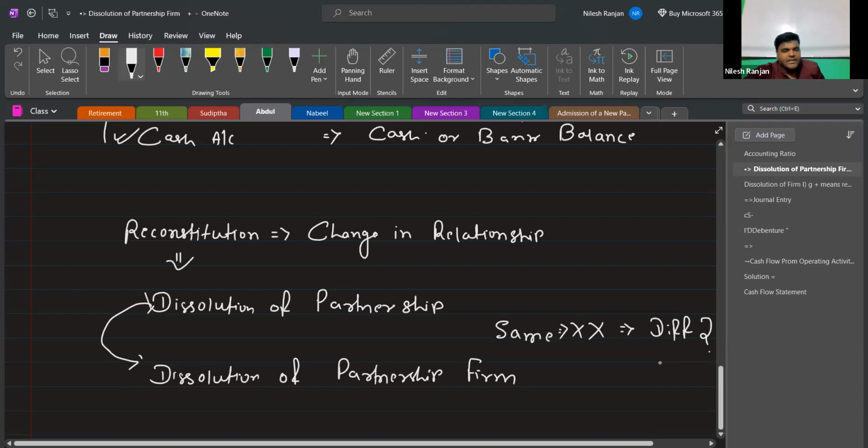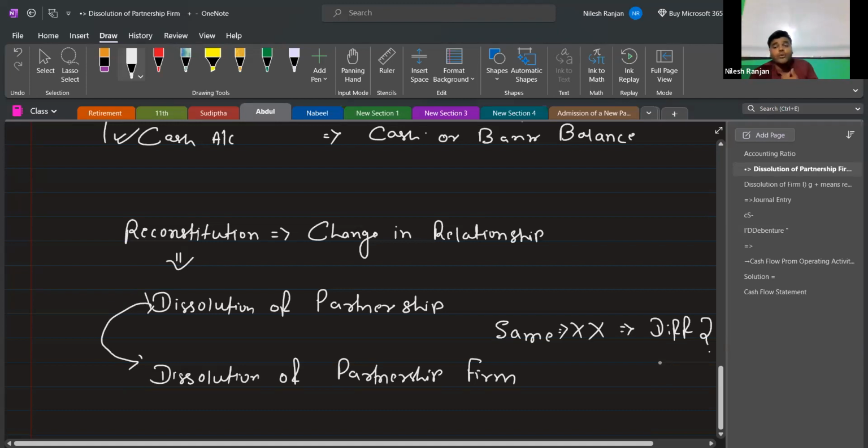We only record the change in amount, not the old value, not the new value. But here we have to prepare the realization account, which is different from revaluation.